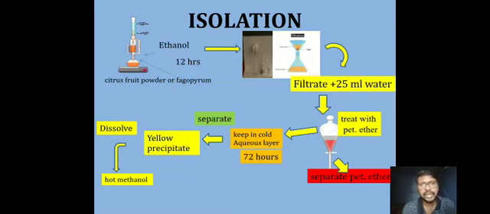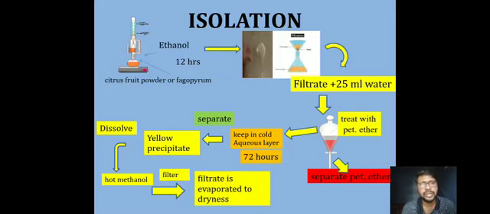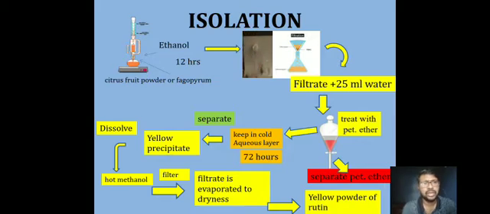Then go for the filtration process. The filtrate is evaporated to dryness, and finally you get the yellow color powder containing rutin. So, this is the isolation of rutin.